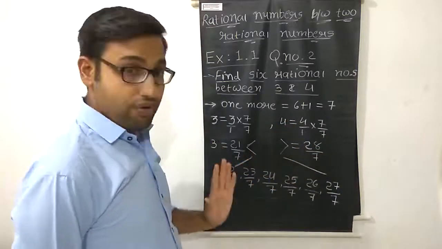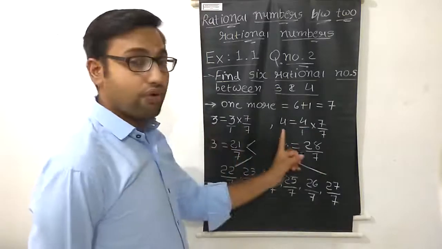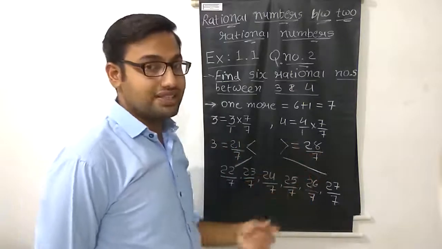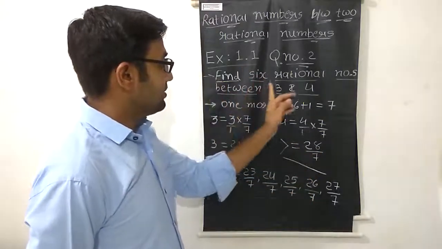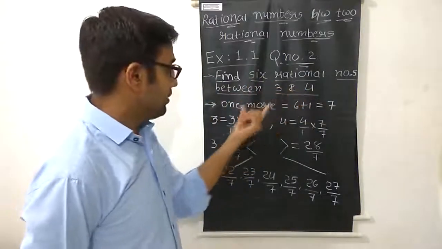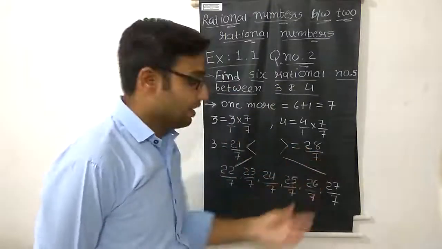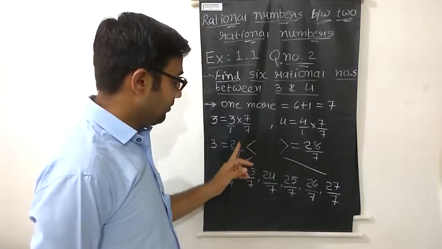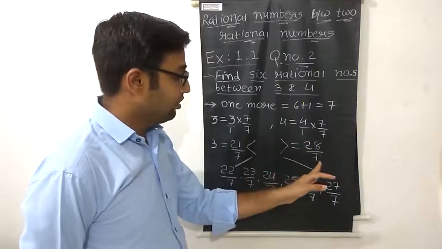Now we convert 3 and 4 into 21 upon 7 and 28 upon 7. We have to find 6 rational numbers between 3 and 4, that means between 21 upon 7 and 28 upon 7. The numbers must be greater than 21 upon 7 and less than 28 upon 7.